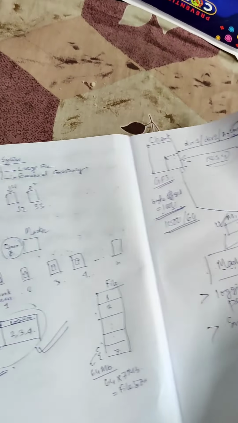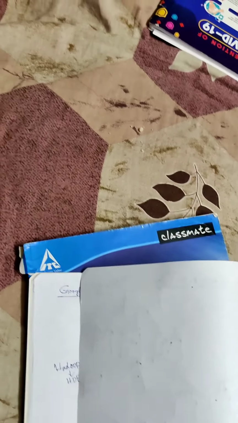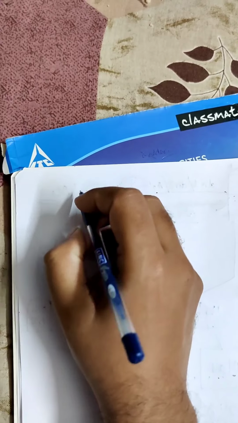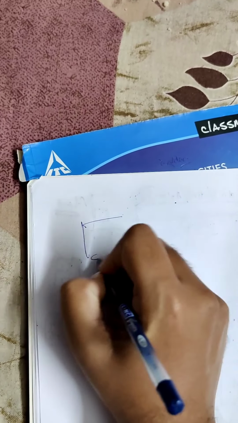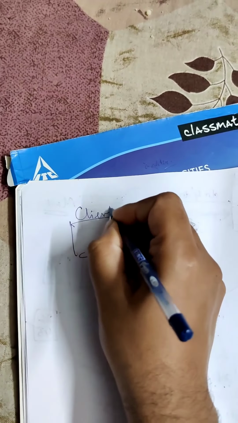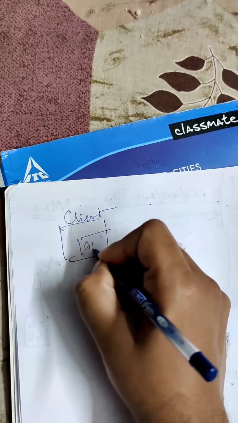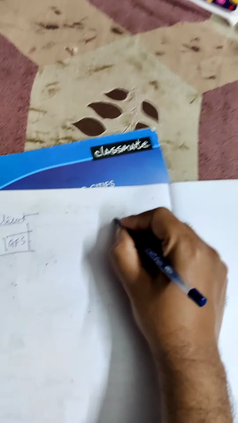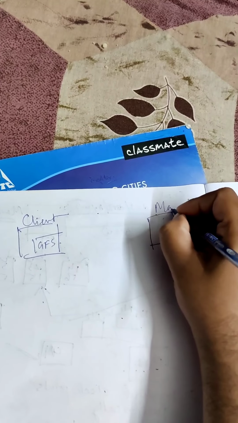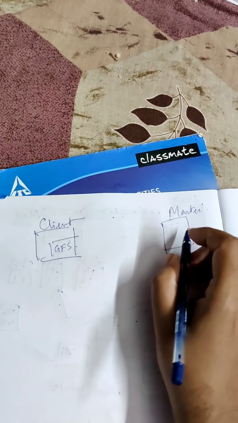Let's talk about the write operation. In case of GFS, we have the client application, as mentioned earlier, and the GFS software, where the master takes all the major responsibilities.